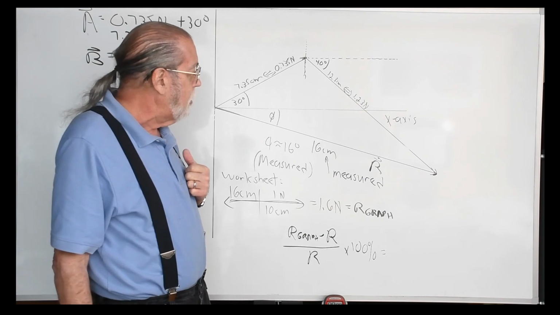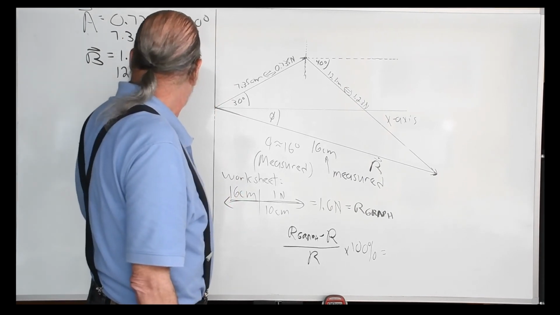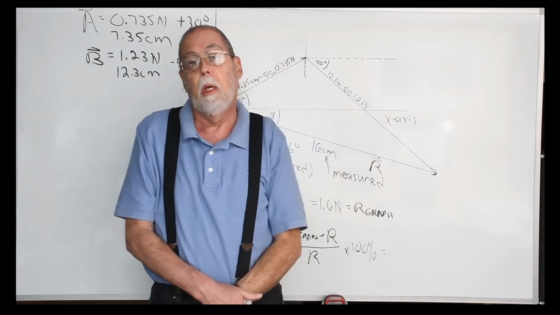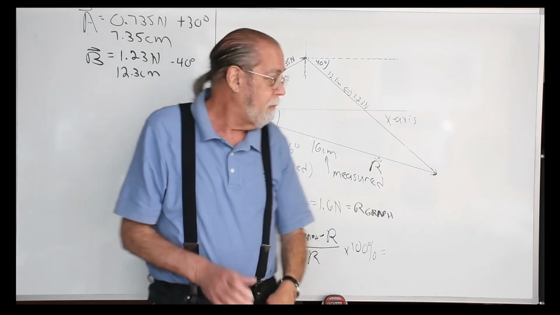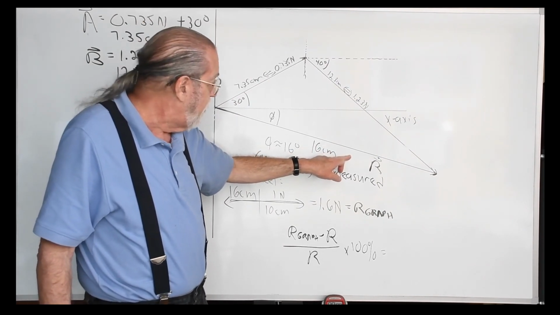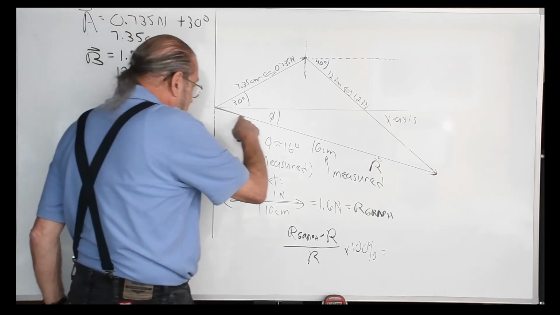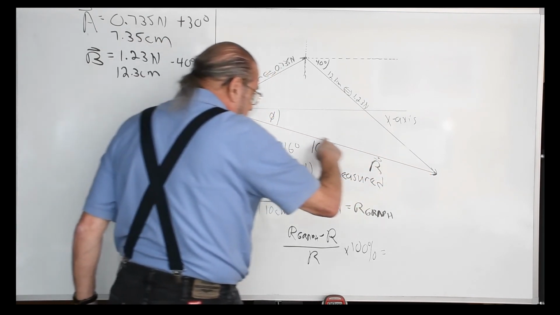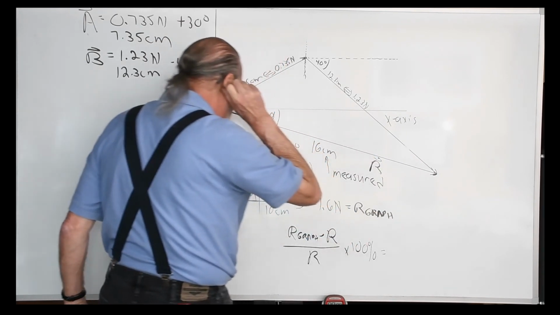And what we'll do next, the very end here, is we're going to take this force and this force, and we're going to put them on a round vector table, as it's called, and then we're going to add to them the opposite of this. We're going to try and add a force that points the other way. The result of these two vectors points down about 15 or 16 degrees, and has a magnitude of about 1.6 newtons.